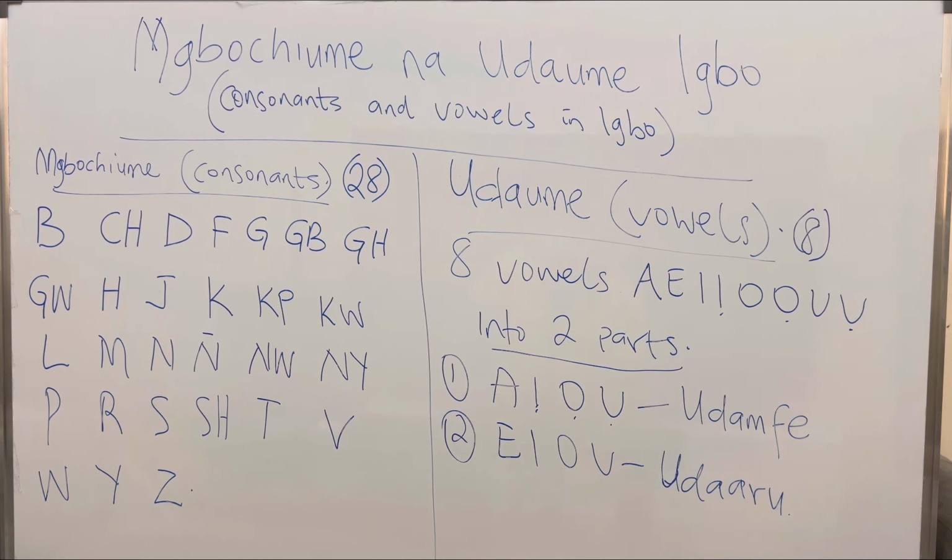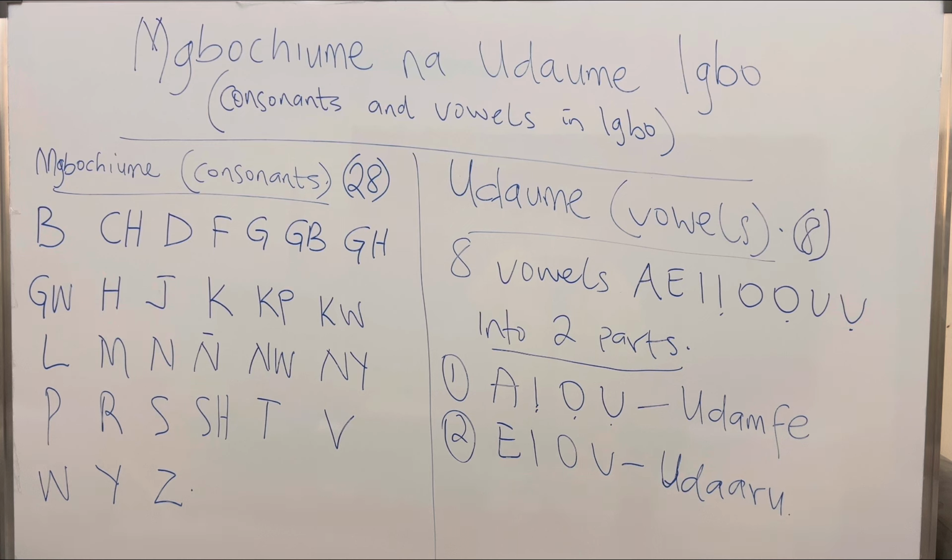Let us take the vowels. We have 8 vowels. Vowels is known as the Oda Ume. The vowels of 8 letters are also divided into 2 parts. The first part is known as Odamfe.